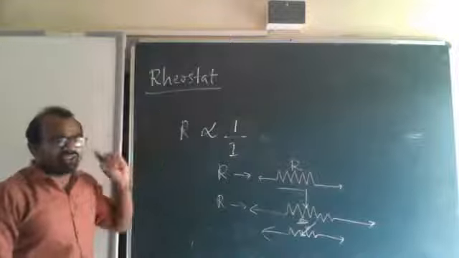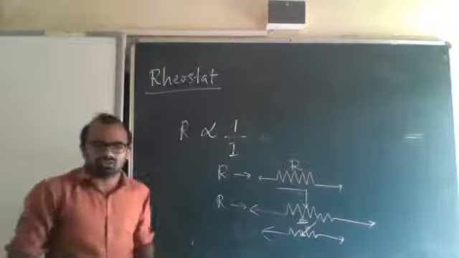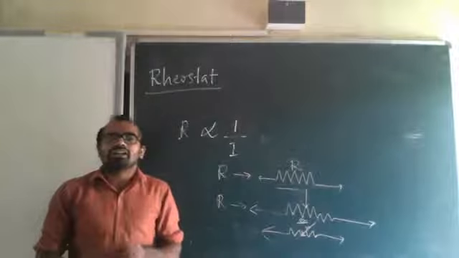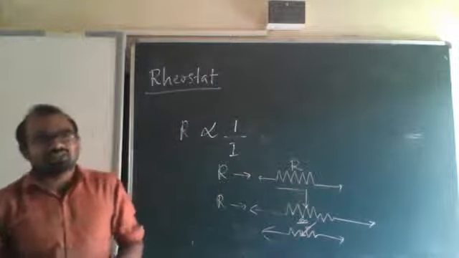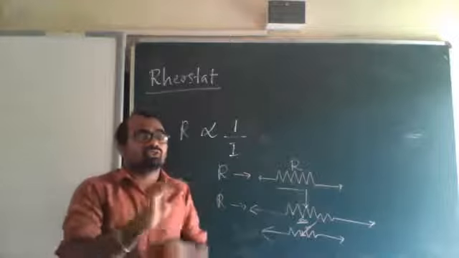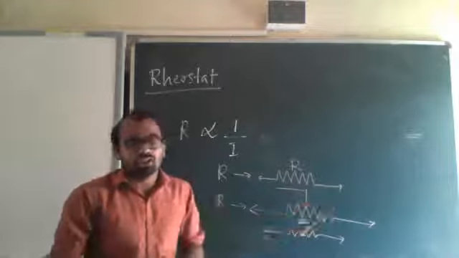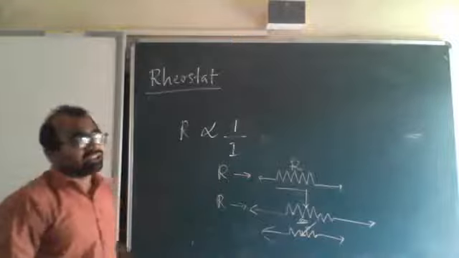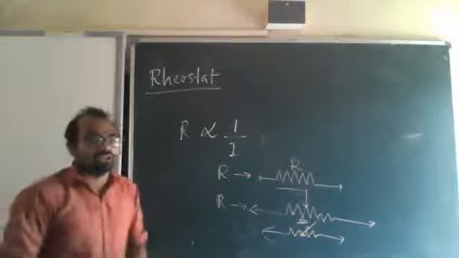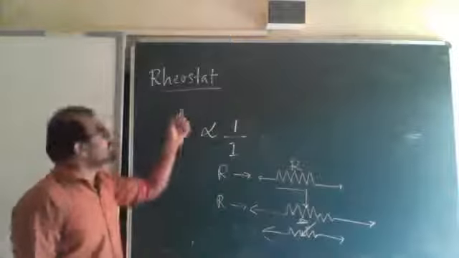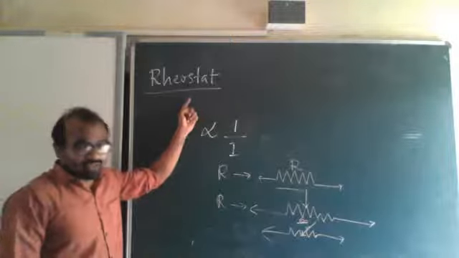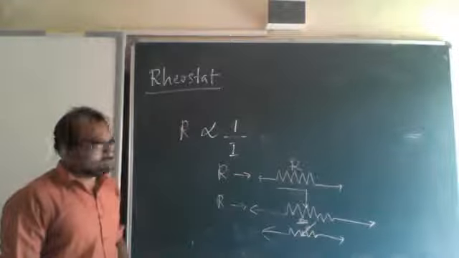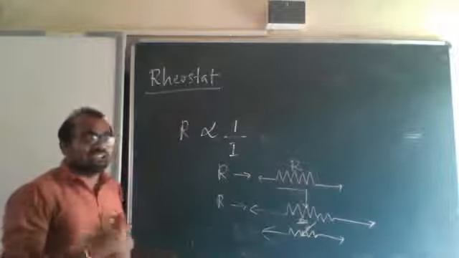In some circuits, there is a need to change the resistance so that current can be varied, so that we get the desired output. That work has to be done by this rheostat, which changes the resistance.